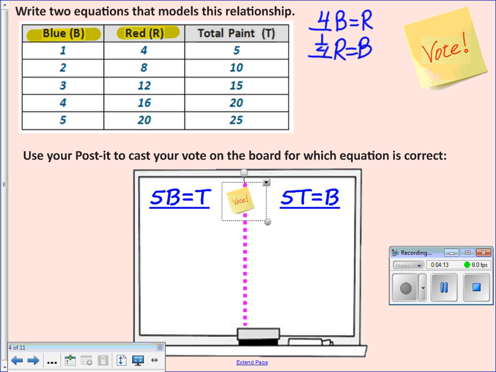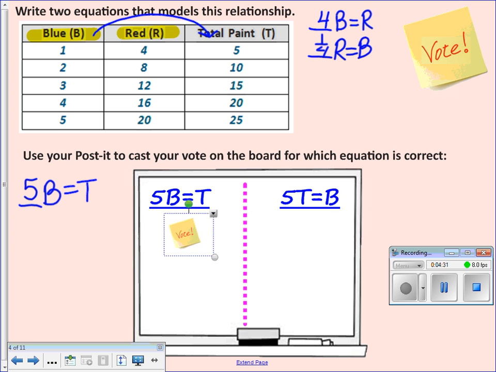So what did we do to blue to get to the total? What did we do to the blue to get to the total? Right, we multiplied it by 5. So 5B equals T is the correct equation for the relationship of blue to total. Now, LT and CM.